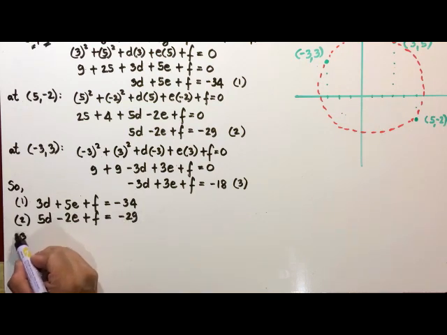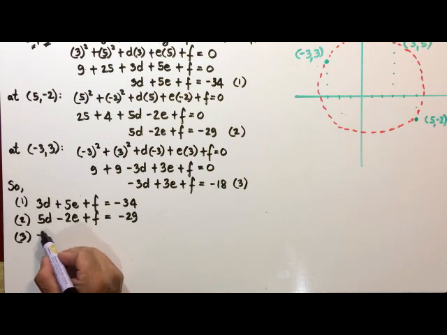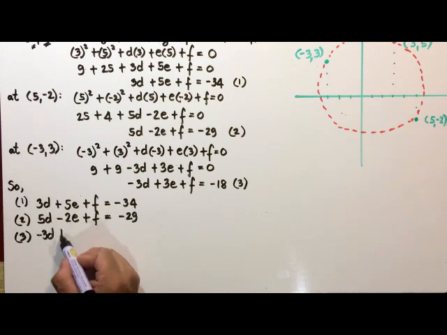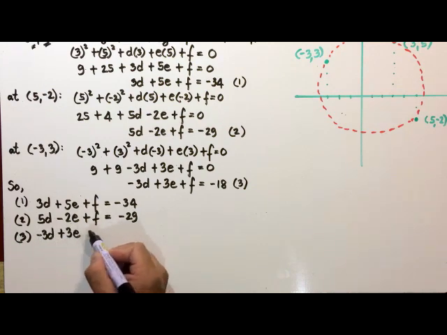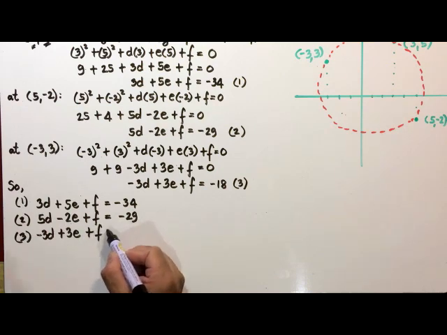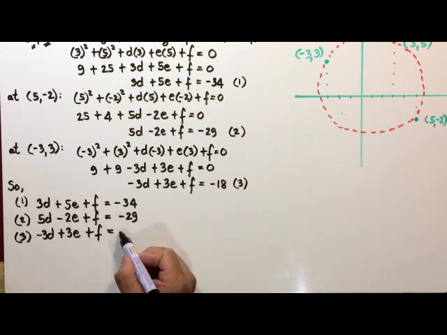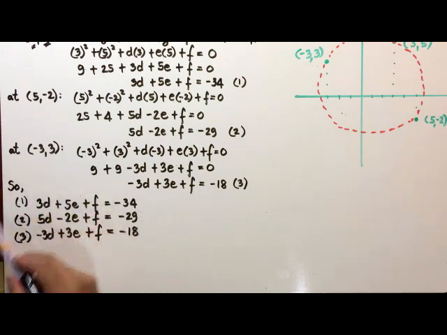And lastly, my third equation is minus 3d plus 3e plus f is equal to negative 18. So as you can see, this is a system of 3 equations with 3 unknowns. I can solve that in many ways. Suppose I will solve this one by elimination.